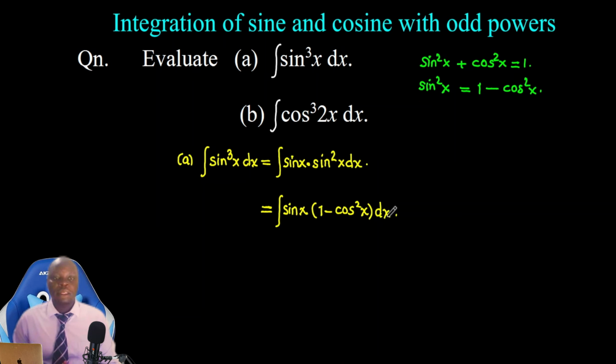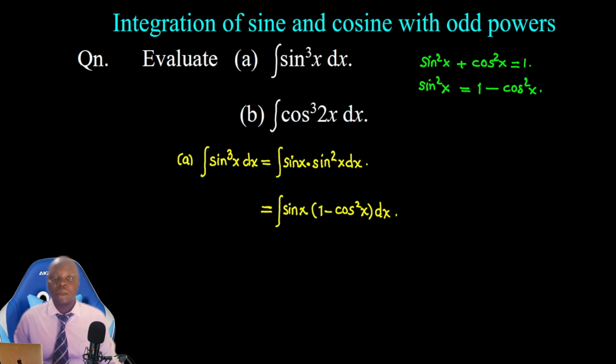After that, this is where our u substitution comes in. And why do we need to substitute using u? Because we have recognized that the derivative of what is inside here is exactly the same as the parameter multiplying with, that is sine x.